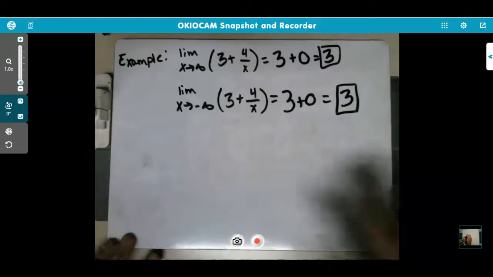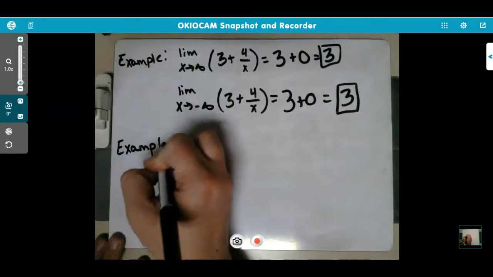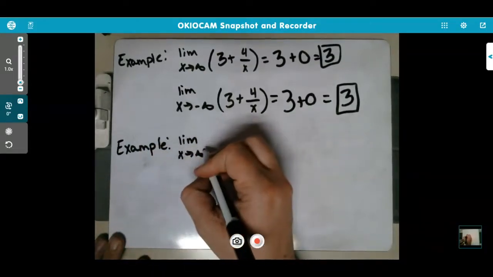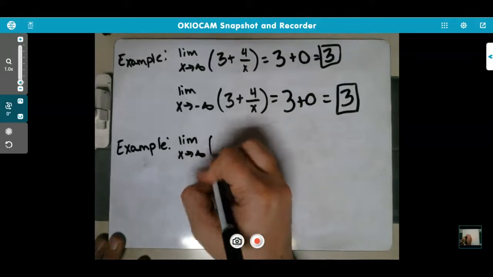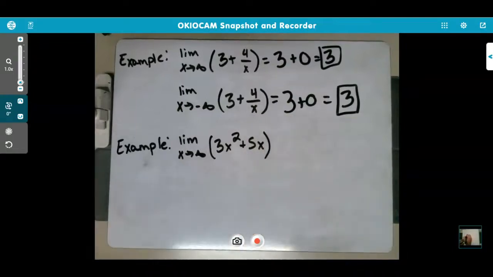Let's take a look at one that might make a little bit more sense when we think about it. The limit as x goes to infinity of 3x squared plus 5x. Let's think about this.